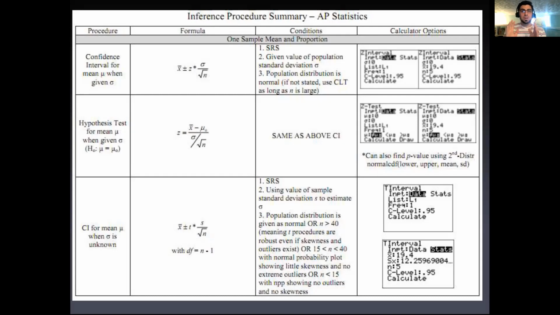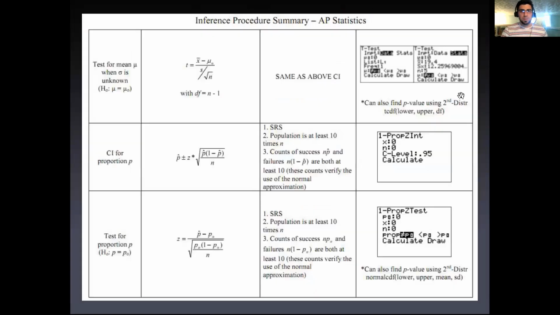So what I'm going to do is bring each slide up, and you can pause it. You can copy this down if you want. And I'm going to try to put a link below to this whole presentation so that you can easily access it. But make sure you just pause it, and then you can copy it down if you want. So here's these.